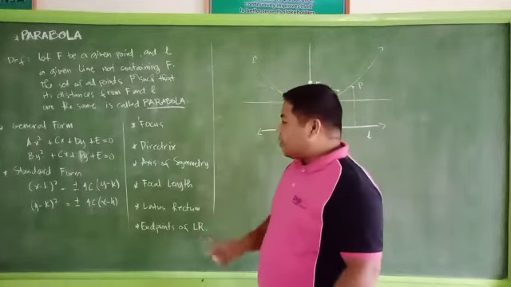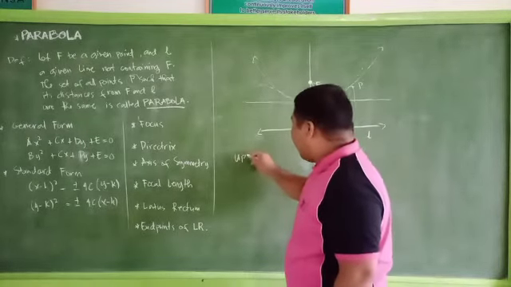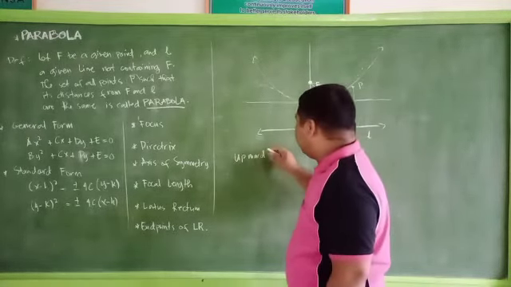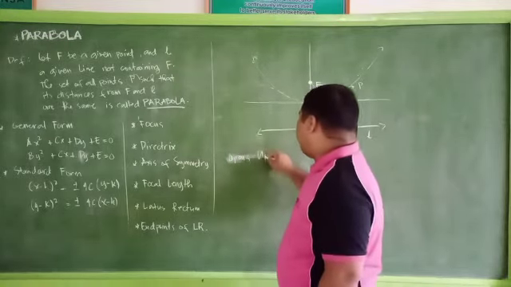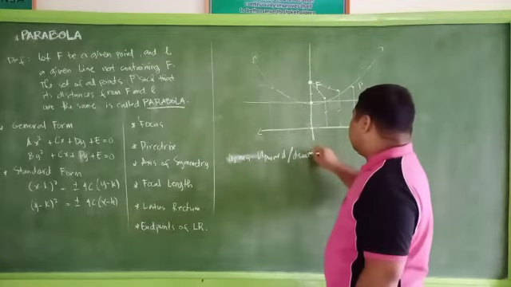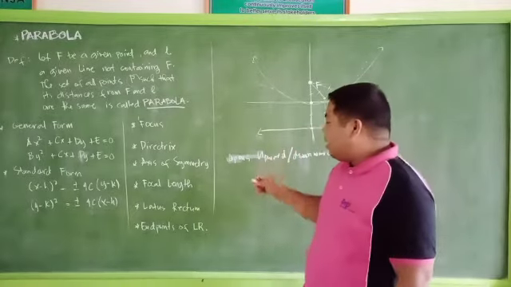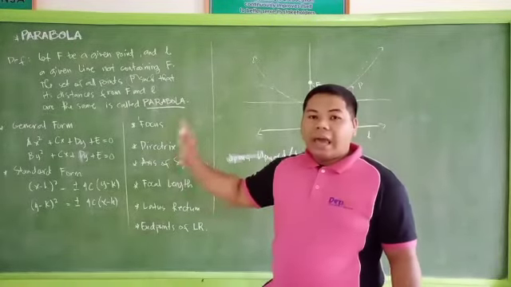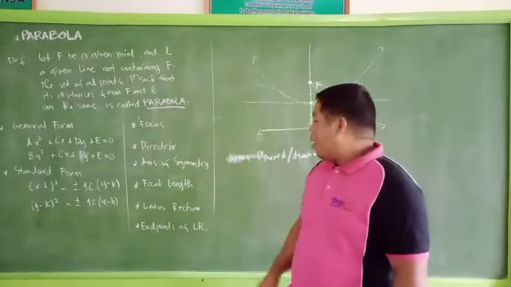So let's say for example, magiging upward or downward yung opening ng parabola natin if meron tayo dyang x squared. Same dun sa general form tapos sa standard form.